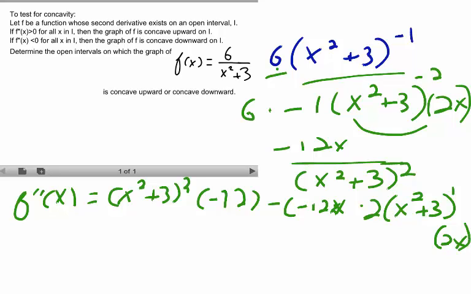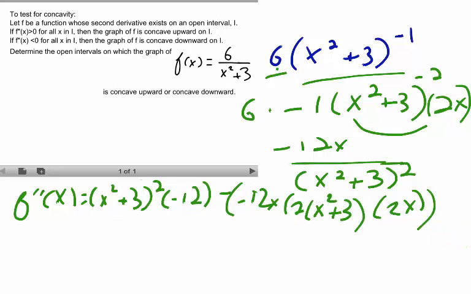And I'm going to rewrite this so it looks a little bit neater, and rewrite this all over our denominator squared.